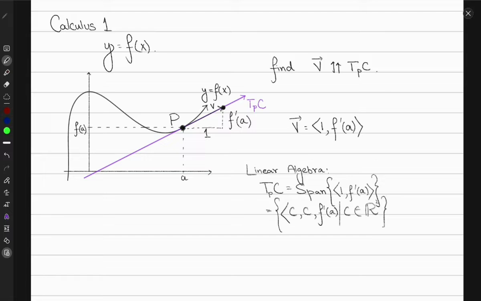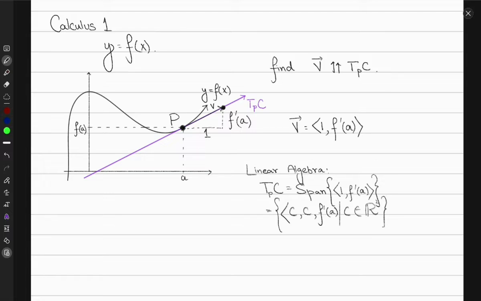Okay, so now we have defined our tangent space as a span of all the vectors v, which are just all real number multiples of the vector v. So up until this point, there is a question that arises.